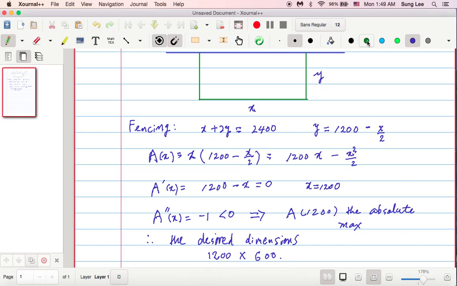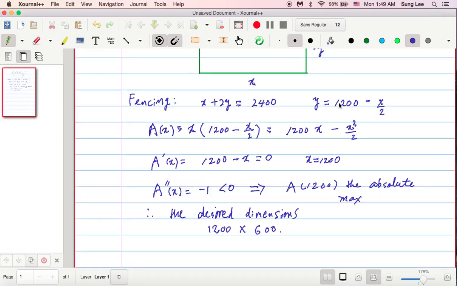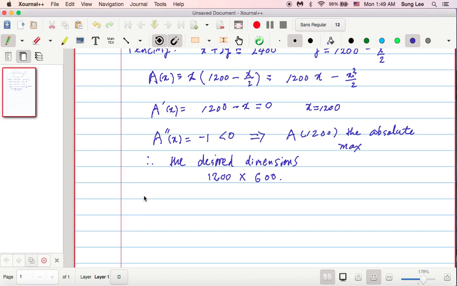In fact, in this case, the largest possible area, which is a of 1200, can also be calculated.